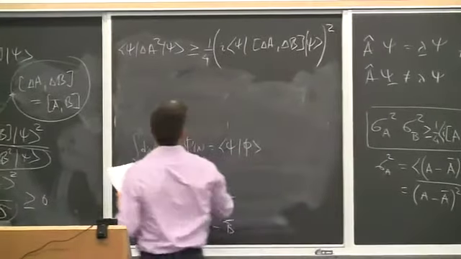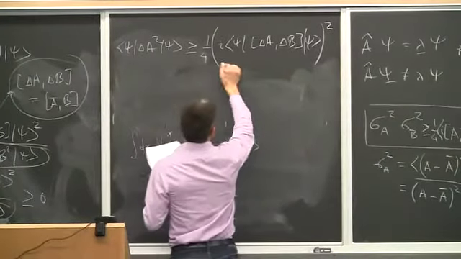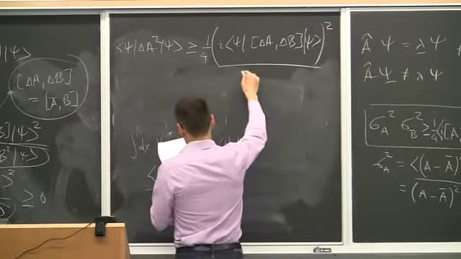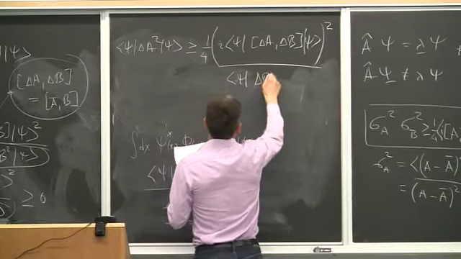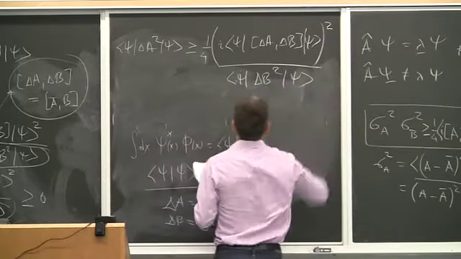And then this is still divided by psi delta B squared psi.